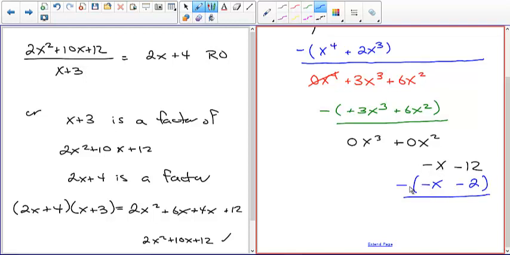So negative x plus x is 0, so I get 0x there. Negative 12 plus 2 is negative 10. So in this case, I do have a remainder.